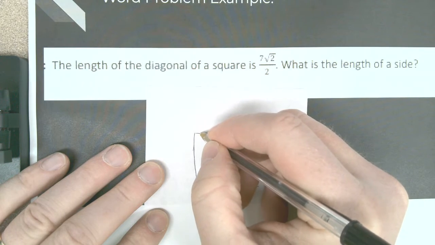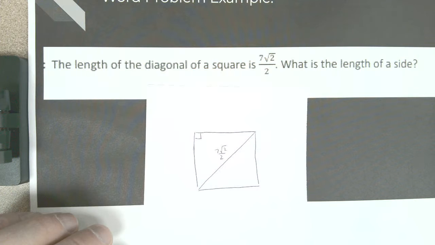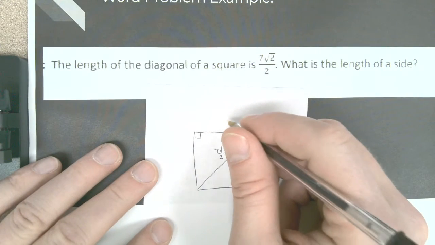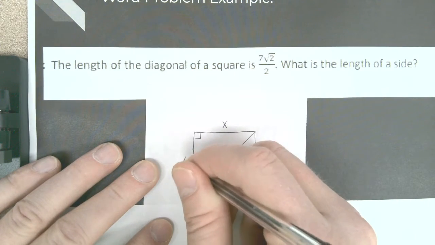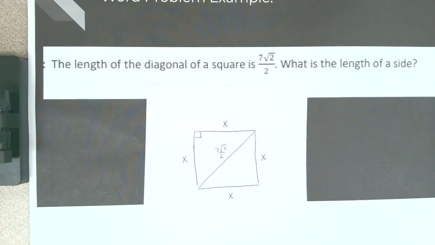I know in the square that the angles are right angles. And the question's asking, what is the length of a side? Well, we know in a square, all of the sides are the same, so I'm just going to use the letter X to represent the sides.